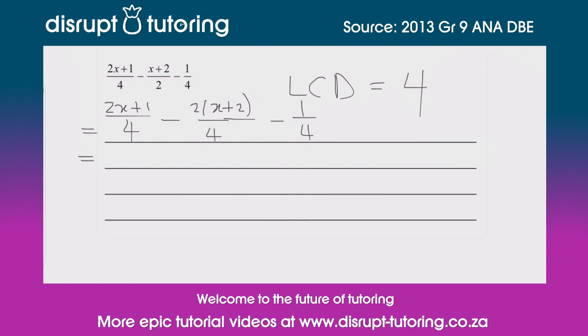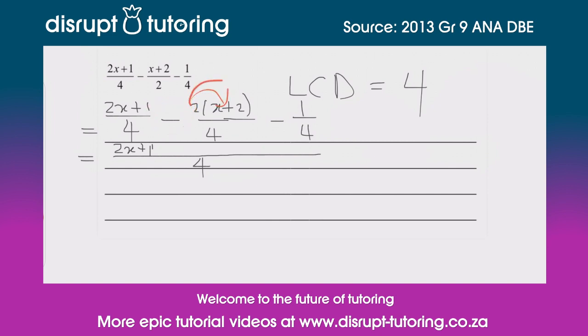Right, so what I'm going to do now is I'm going to move on to the next step, and I'm going to make a nice long line, and underneath I'm going to put a 4 because now I can start combining the terms. So in the first term I've got 2x plus 1, perfect. In the second term I've got this distributive law. Now don't be confused by this negative, okay?